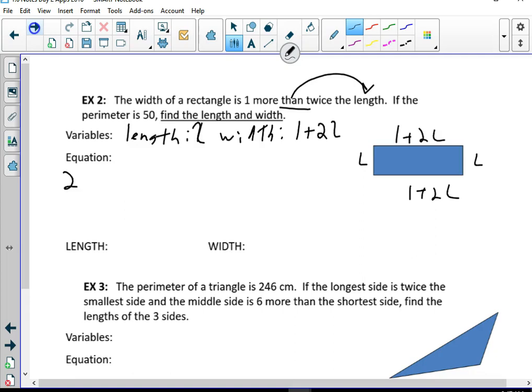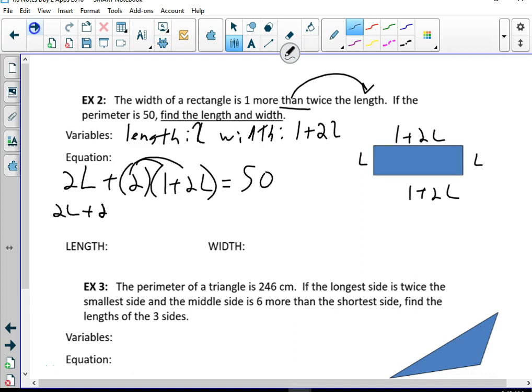Well, I want 2 of these plus 2 of these. And it equals 50. Distribute my 2, I get 2L plus 2 plus 4L equals 50.